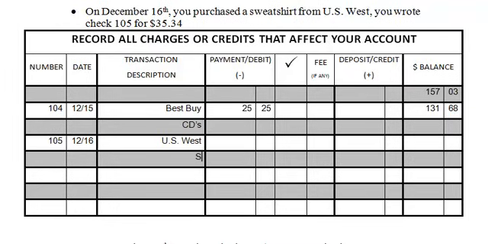We purchased a sweatshirt. We do the amount, which again is a debit because it is money coming out of our account. It was a payment for $35.34. And then we subtract this from our balance of $131.68, and that gives us a new balance of $96.34.